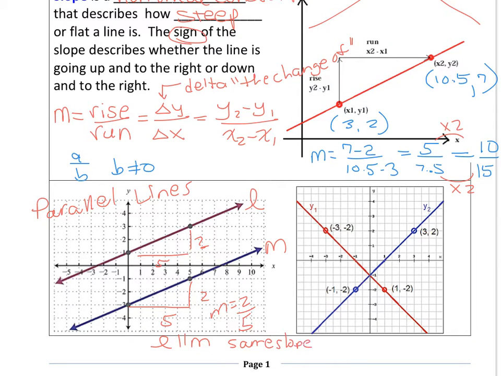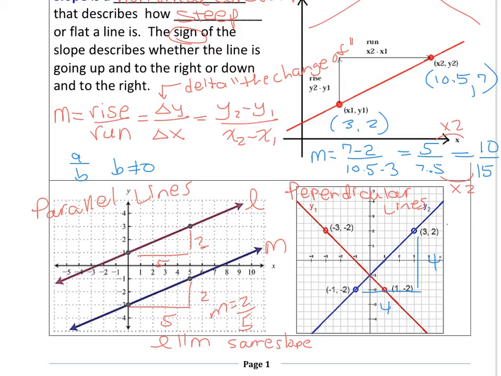Likewise, we focused on the relationship between slopes of perpendicular lines last week, so I'm not going to go too into detail with that. But in this case, we have a blue line here. Each unit here on the grid is a half. So we have 4 and 4.